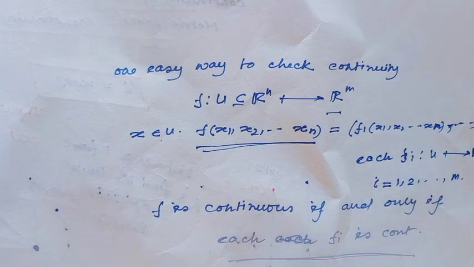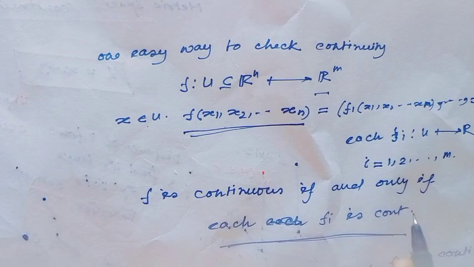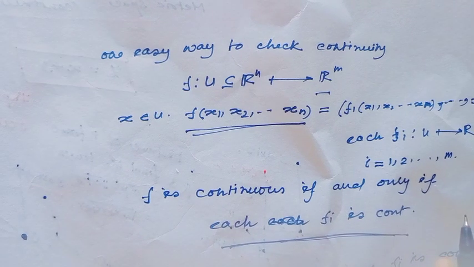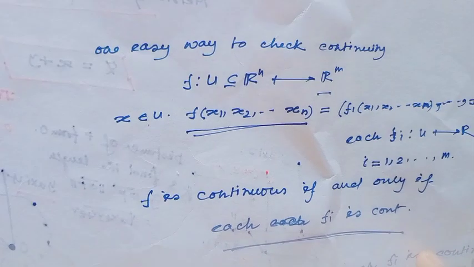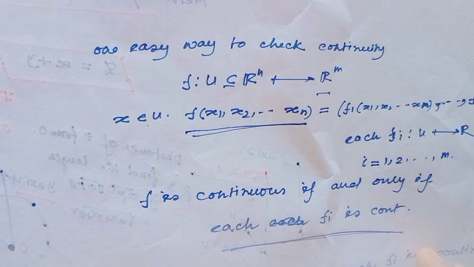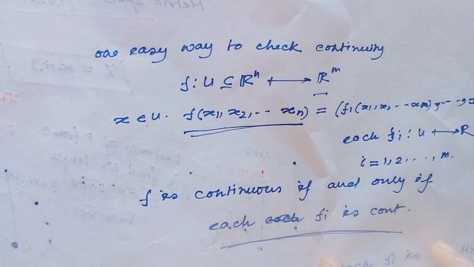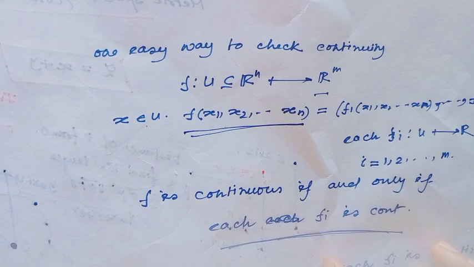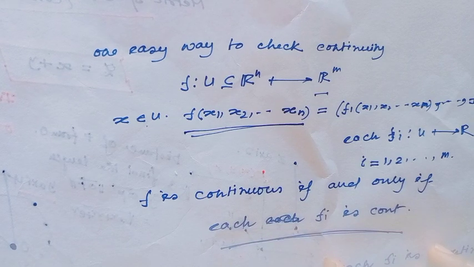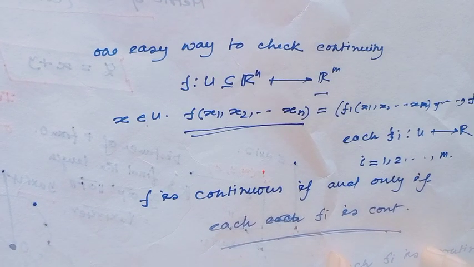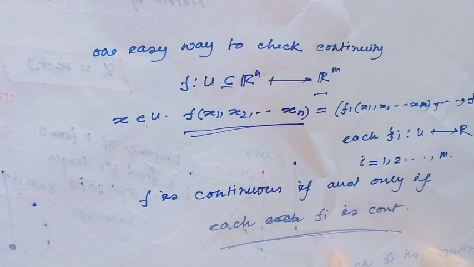Then f is continuous if and only if each fi is continuous. This is one easy way to find continuity. If each fi is continuous, then we can say our function of several variables is continuous. Similarly, I will show that this is also true with sequences.